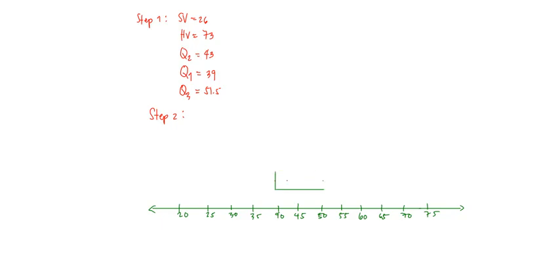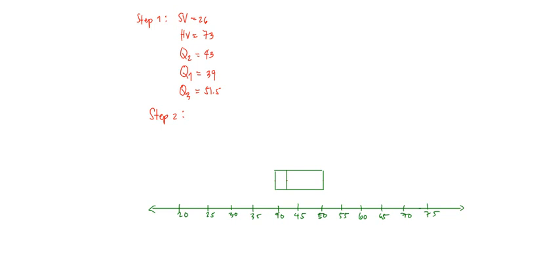You create a box, tapos determine mo yung median. So, basically, ito yung sinasabing box nun sa box and whisker diagram. Anyways, yan. Tapos, saan naman yung whisker?